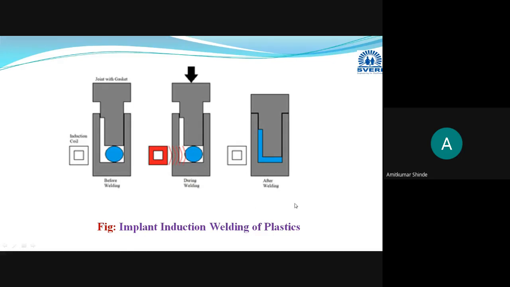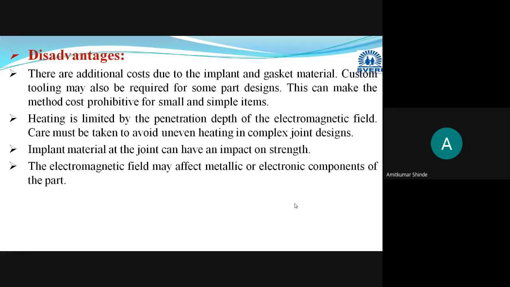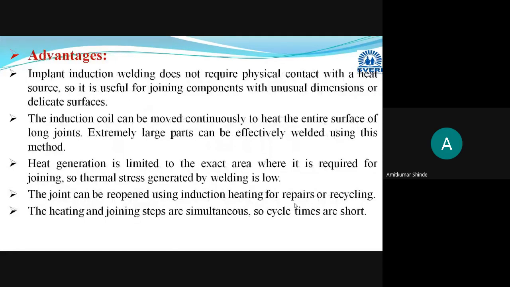It has some advantages and disadvantages. Advantages: there is no direct contact, large size or longer length components can be heated, spot heating can be done, cycle time is very less, thermal stresses are very less, and you can do automation also.